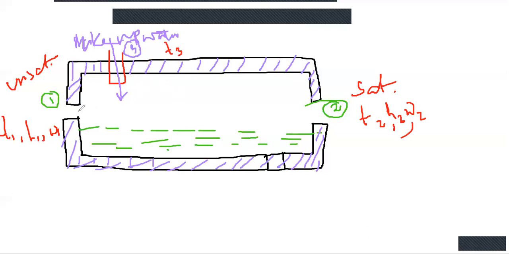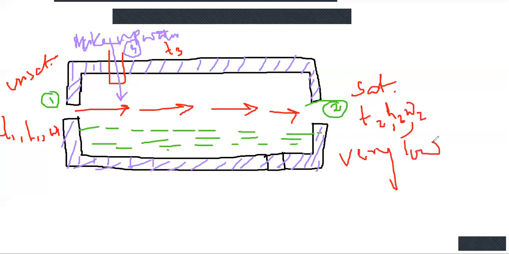Okay, now unsaturated air is flowing over the chamber. Okay, now an unsaturated air-vapor mixture is flowing over the surface which contains some water, if the chamber is sufficiently long.